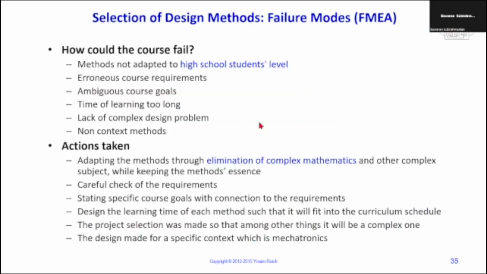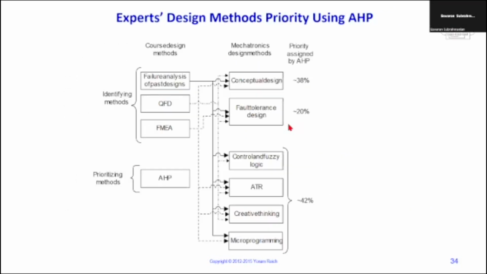Can you just say what AHP is? Probably people don't know. AHP is the Analytic Hierarchy Process. It's a decision-making tool developed by Saaty in the 60s of the previous century. It's being used a lot by many.